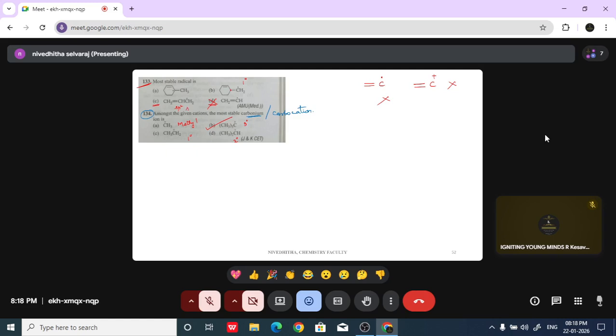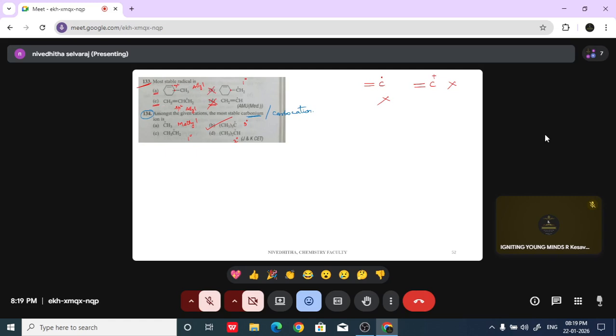So this is allyl. How about the third option? Here also, this is the carbon with only one electron, and it is connected with an sp2 hybridized carbon. So this is also allyl. We know that allyl species are more stable than the rest: tertiary, secondary, primary, and methyl. So of course the second one is not our answer.